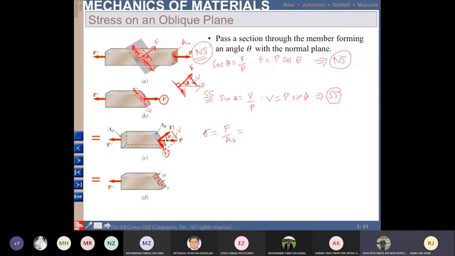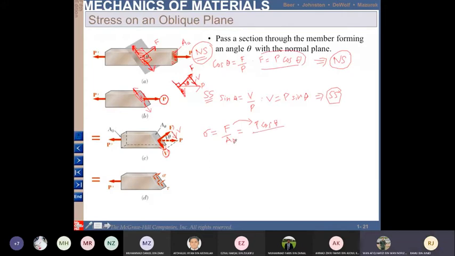But when it is tilted or in an oblique plane, this A has changed, and the F is this. F is equal to P cos theta. So this is the new F because you changed this.